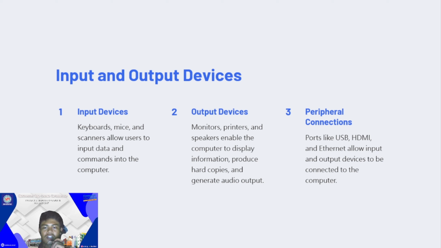Output is the result produced by the program after processing the input. Output can be in the form of a monitor, printers, and speakers, or saving data to a file.